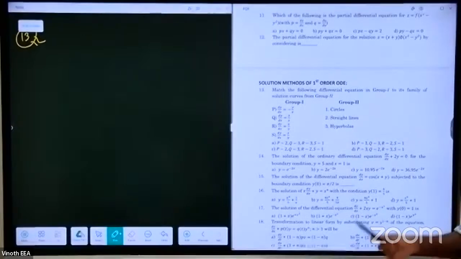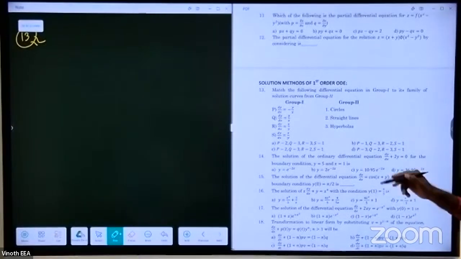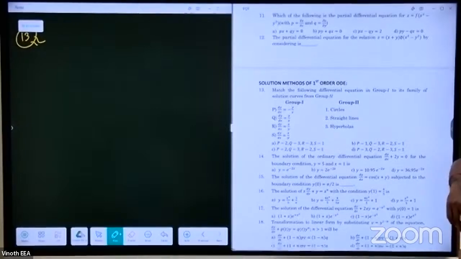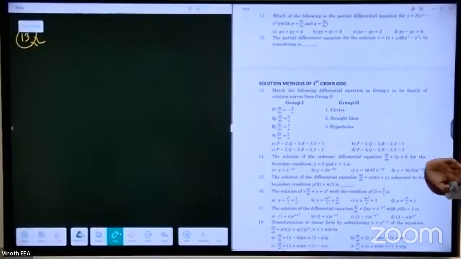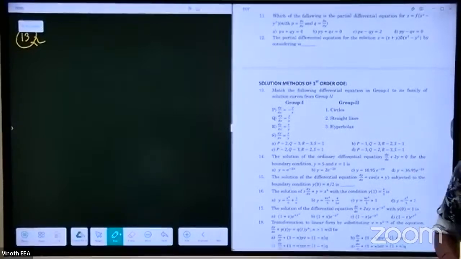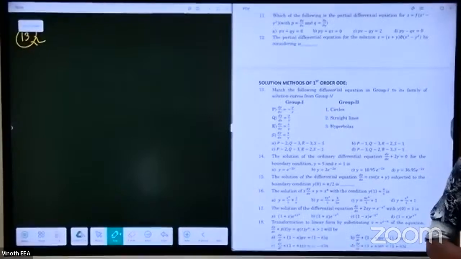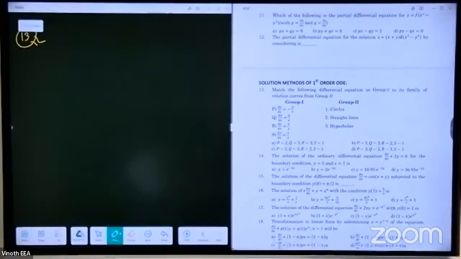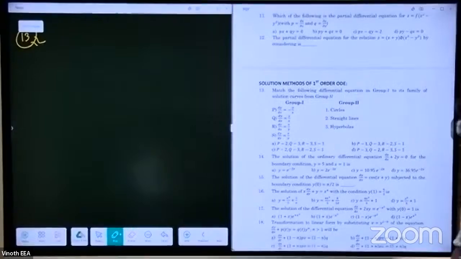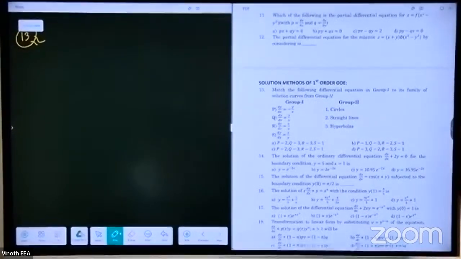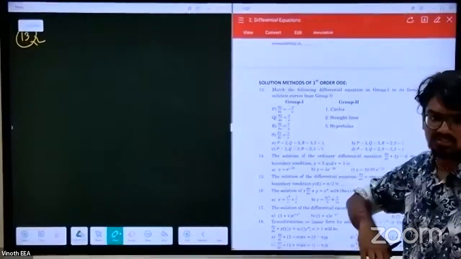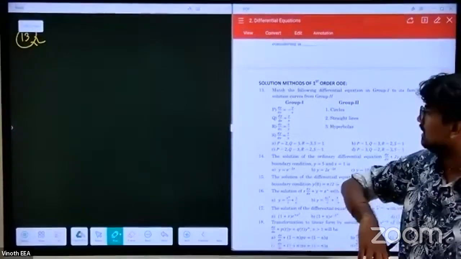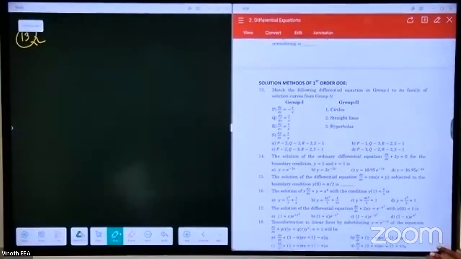Various curves are there. I need to find out what type of curve each option is. P, Q, R, S, I need to find out which curve each is. That is my requirement. Can try. You take S as minus x by y. Yes, S is minus x by y. S alone you can take as minus x by y, PQR as it is.